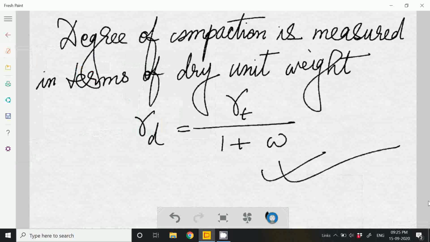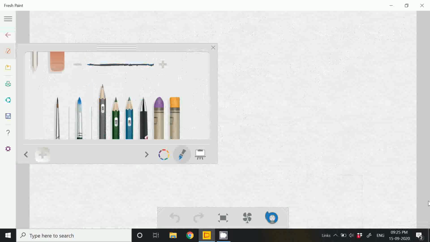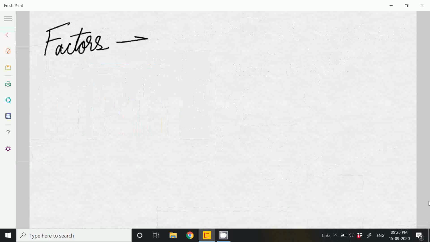Now, what are the factors that affect the compaction of a soil? Factors affecting compaction.